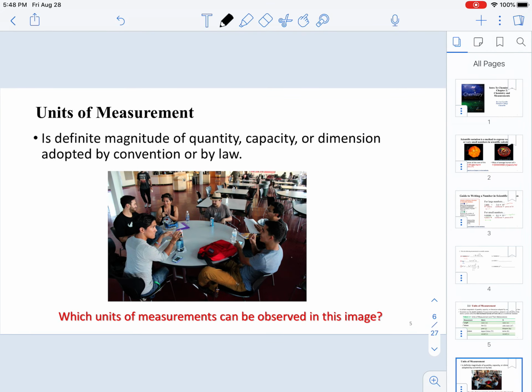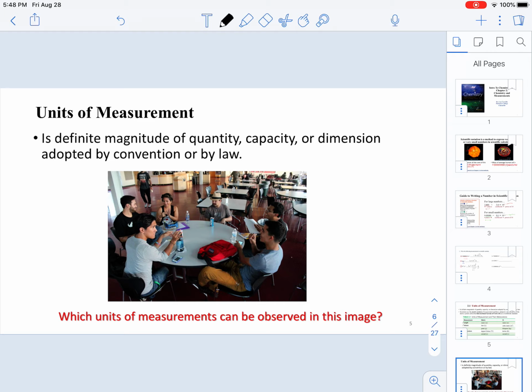Now, when it comes to units of measurements, as you can see in the following slide, we have an example of students that are sitting in the student unit at Palomar College. Again, the basic definition of a measurement is going to be a definite magnitude of quantity, capacity, or dimension adopted by a convention or by law. So, if you take a minute and you look at this image, you can derive a few measurements in the system.